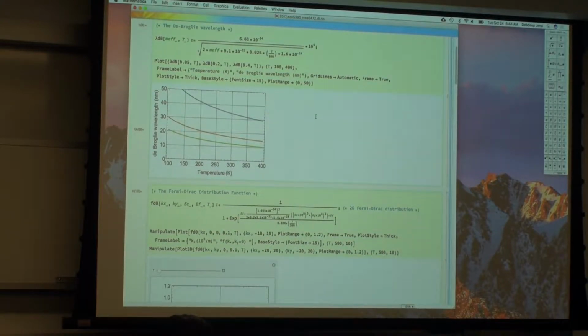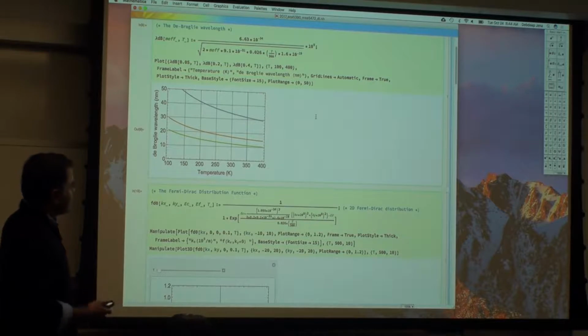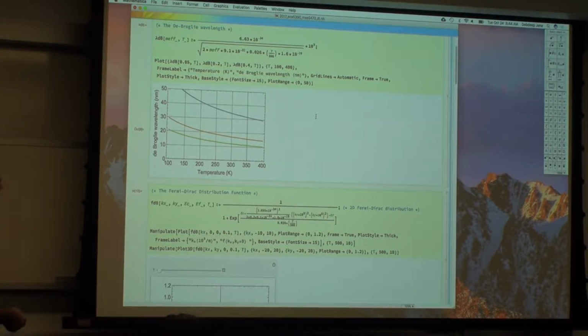And here, what I'm showing is just to get an order of magnitude of things. For example, if I have electrons in a solid that are in equilibrium with a lattice, and the lattice temperature is say 300 Kelvin, then depending upon the effective mass of the electrons, there is a certain wavelength associated with this, which is the de Broglie wavelength.